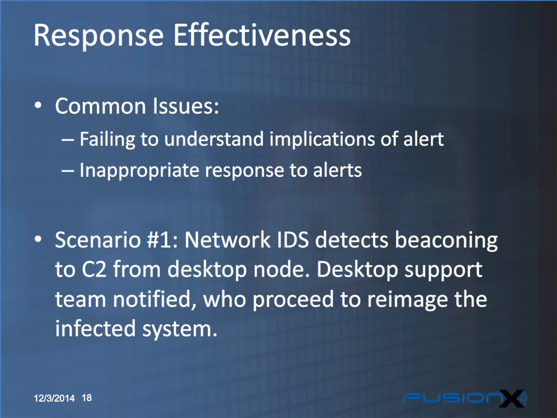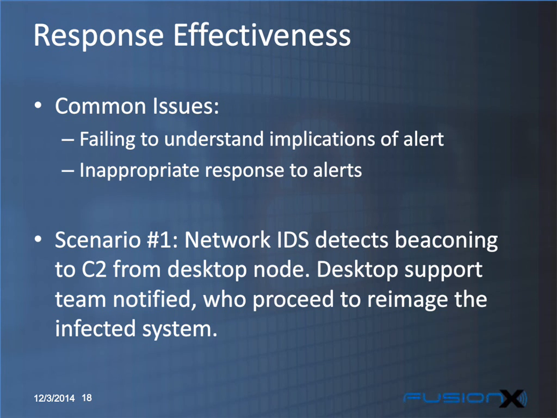So response effectiveness. Some of the common issues that we see here include failing to understand the implications of an alert. So you see an alert from FireEye or an IDS or wherever it's coming from, and the person looking at that alert doesn't necessarily understand the nature of the asset that's been compromised. A lot of organizations still do a really bad job of asset management. They may not have necessarily associated a risk rating with assets.